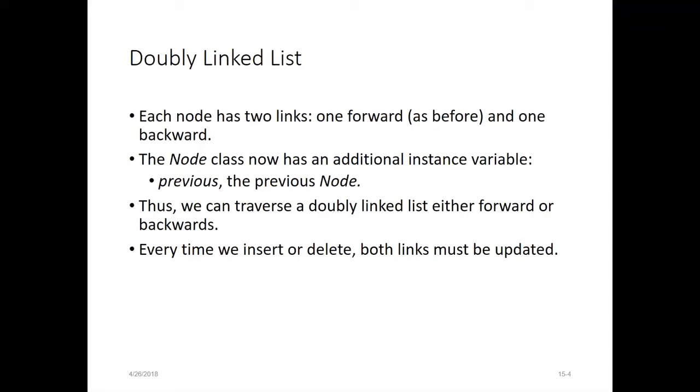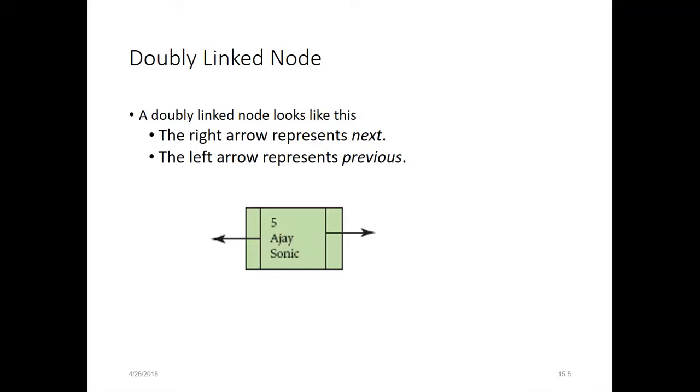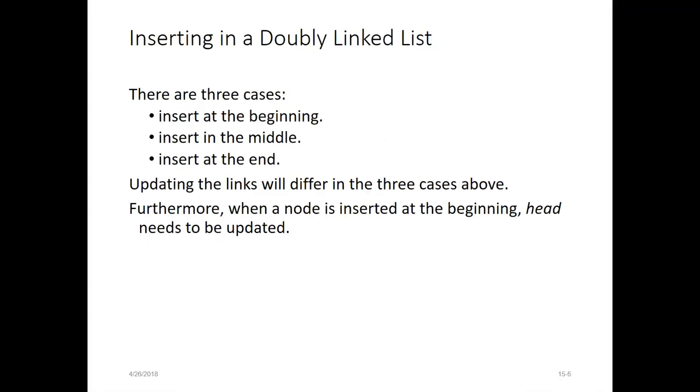It has just one extra pointer for previous, and since it has one extra, its implementation is a little bit more complex than singly linked list implementation. But if you understand singly linked list implementation, then I believe you will be able to understand doubly linked list.